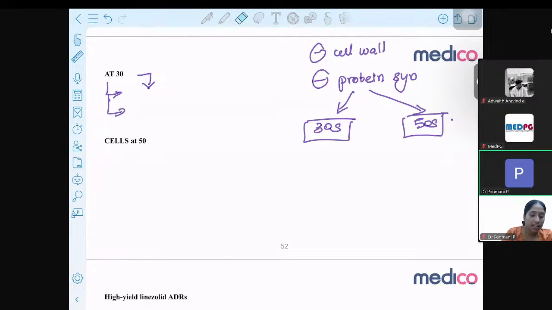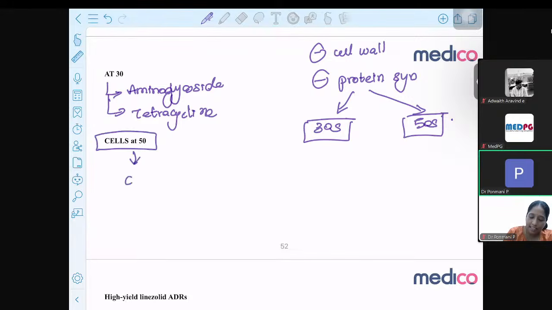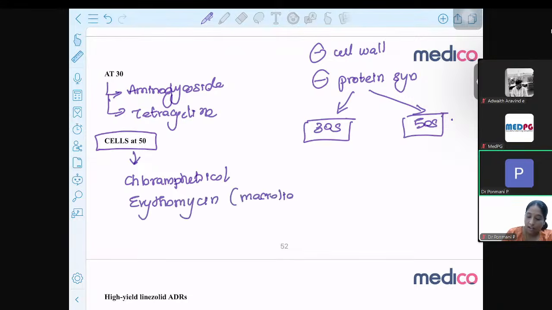A for aminoglycosides and T for tetracycline. So these are the two drugs, AT 30. And CELSE 50. What is CELSE 50? It is chloramphenicol, erythromycin, which is a macrolide, and you have linezolid and streptogramins.